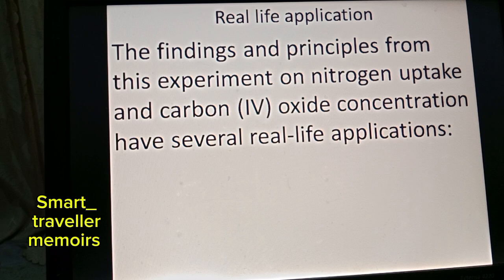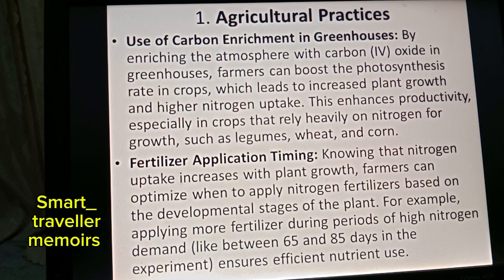Real-life application. Agriculture practices: use of carbon dioxide enrichment in greenhouses, fertilizer application timing.